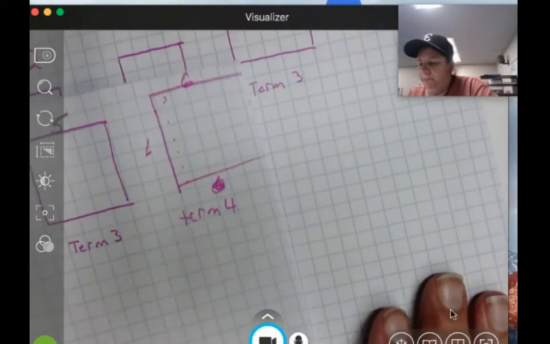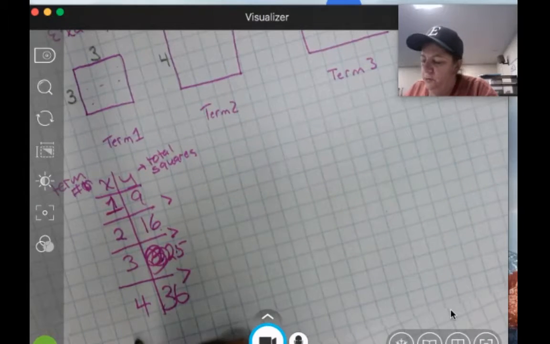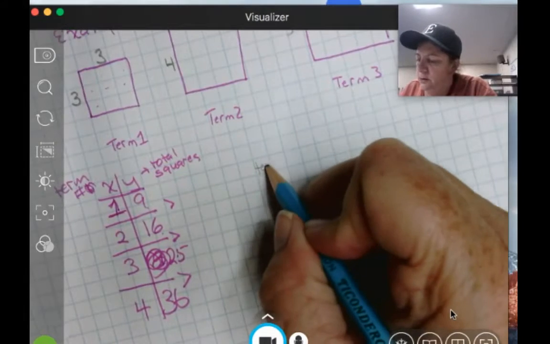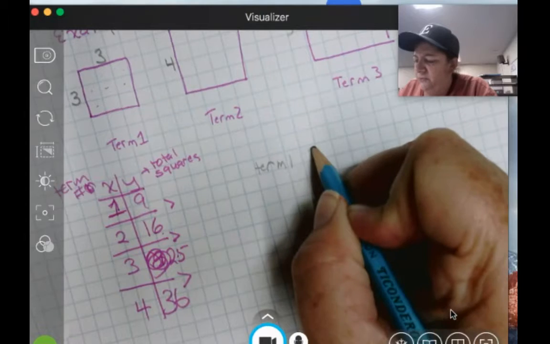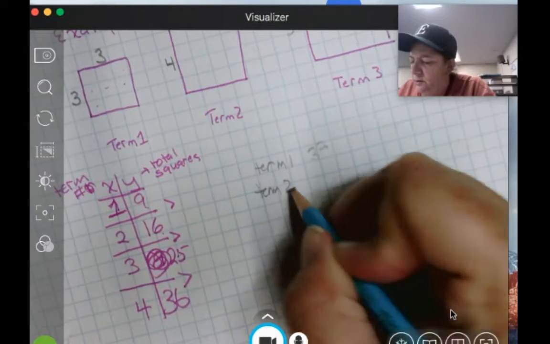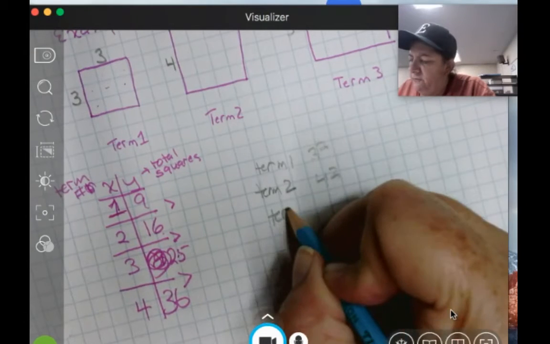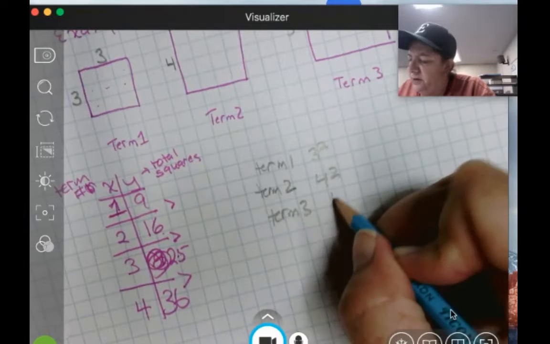So now this is kind of a weird situation. For term 1, I have 3 squared, right? For term 2, I have 4 squared. For term 3, I have 5 squared.